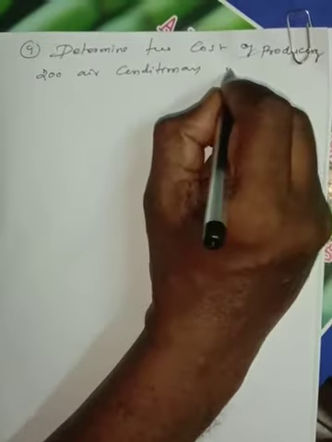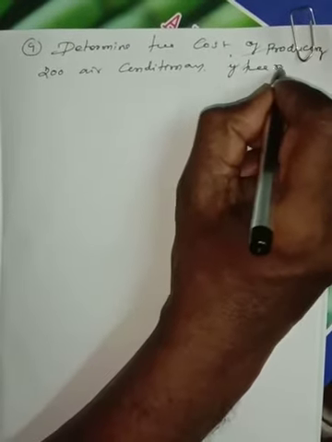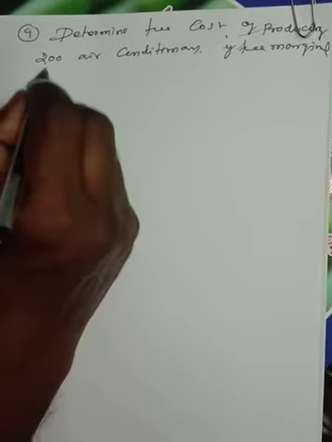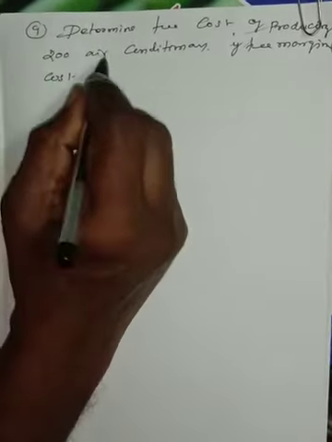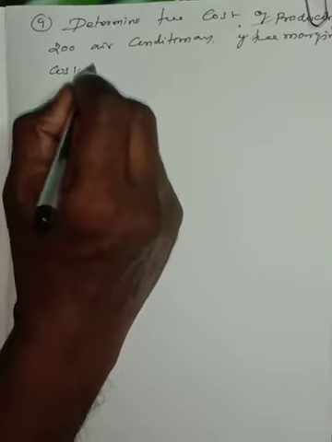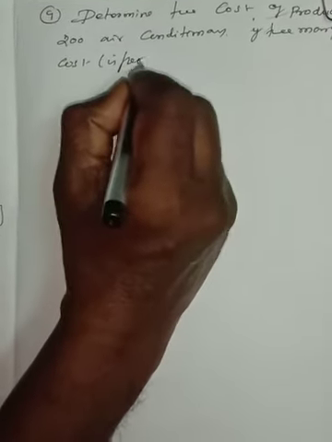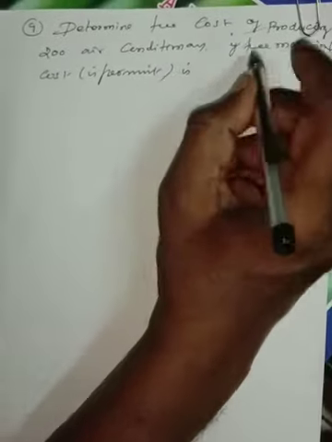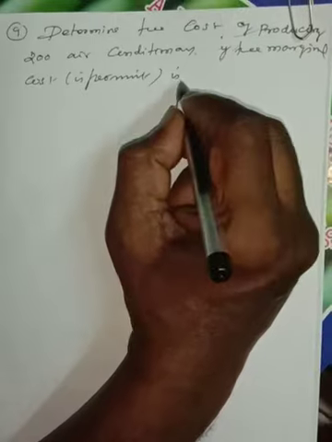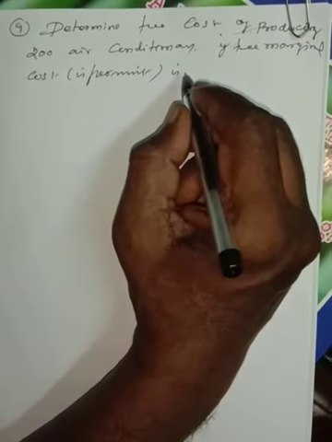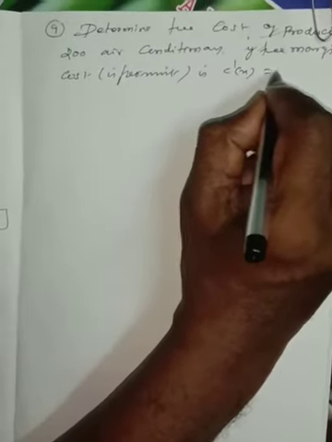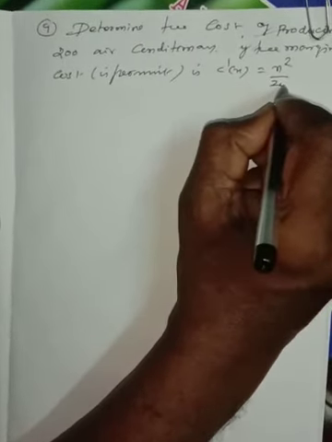If the marginal cost per unit is c dash of x is equal to x square divided by 200 plus 4.